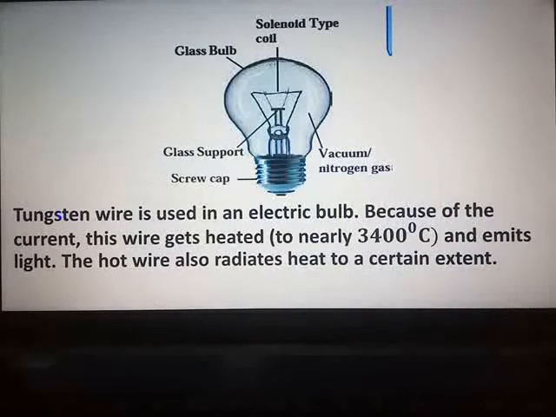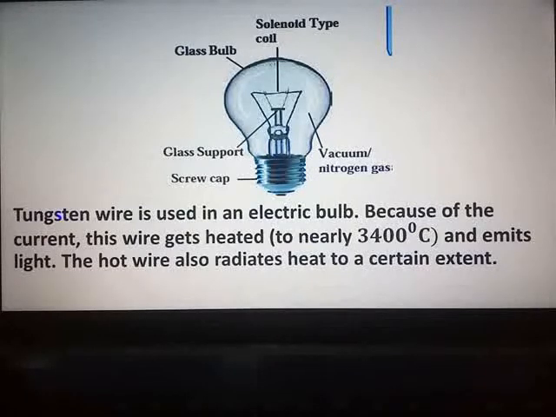Apart from the electric bulb, the electric iron, which you use in your day-to-day life for ironing clothes, or the electric fuse, is also an application which works on the heating effect of electric current. Or in the medical field, a fine heated platinum wire is used for cutting tissues much more efficiently than a knife.